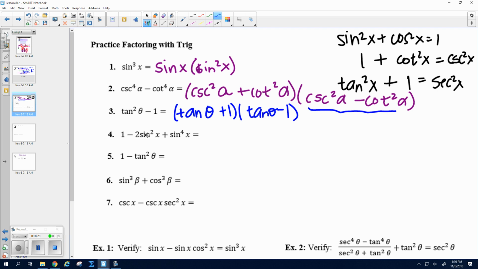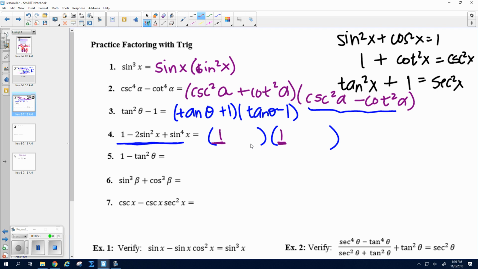Okay? This one also factors. I have sine to the 4th, and I have a 1. So this one we're just going to unfoil it. Think of it like this: these first 2 spots would have to multiply to be a 1. So what multiplies to be 1? 1 times 1. Boom. Okay?